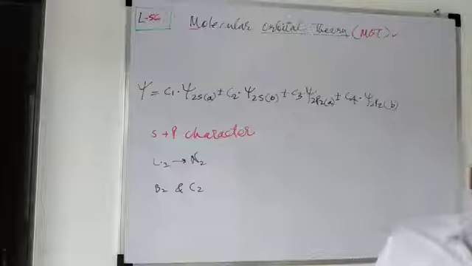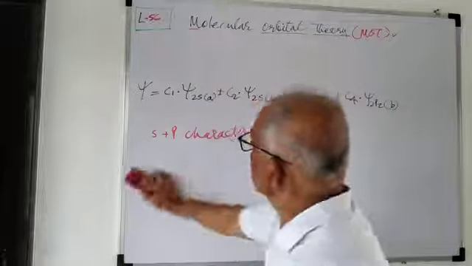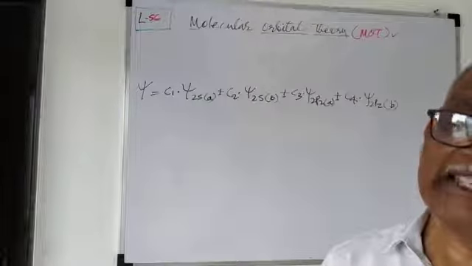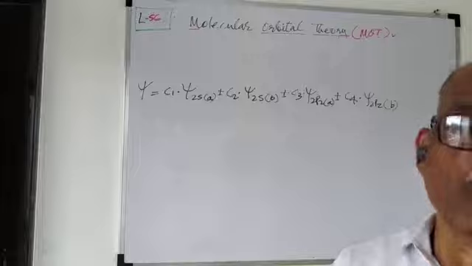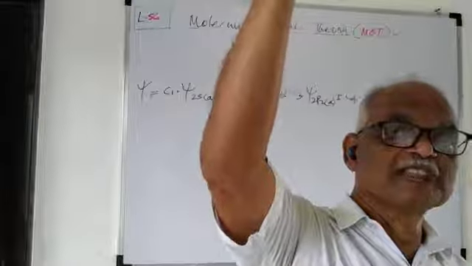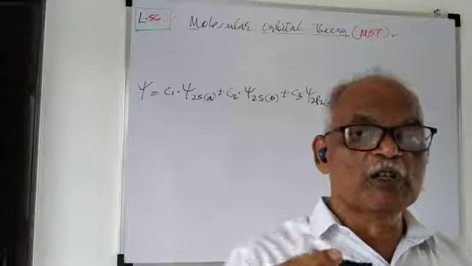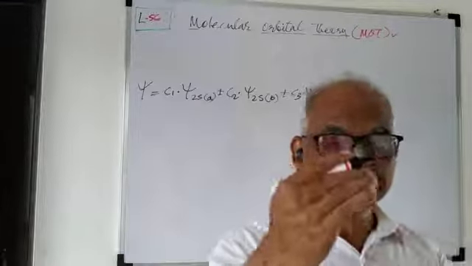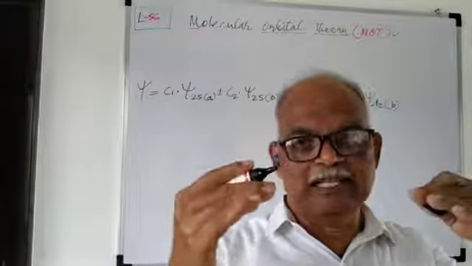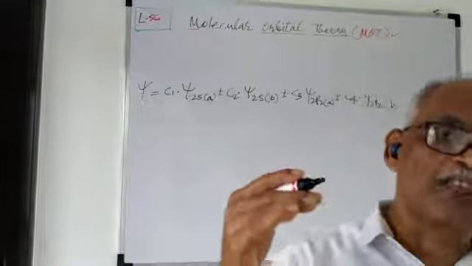And so here we will find that in the molecular orbital diagram, the bonding molecular orbitals are lower in energy, antibonding molecular orbitals are higher in energy, but there may be some other molecular orbitals lying in between them. So they will come closer to the non-bonding level, the energy level of the original atomic orbitals.